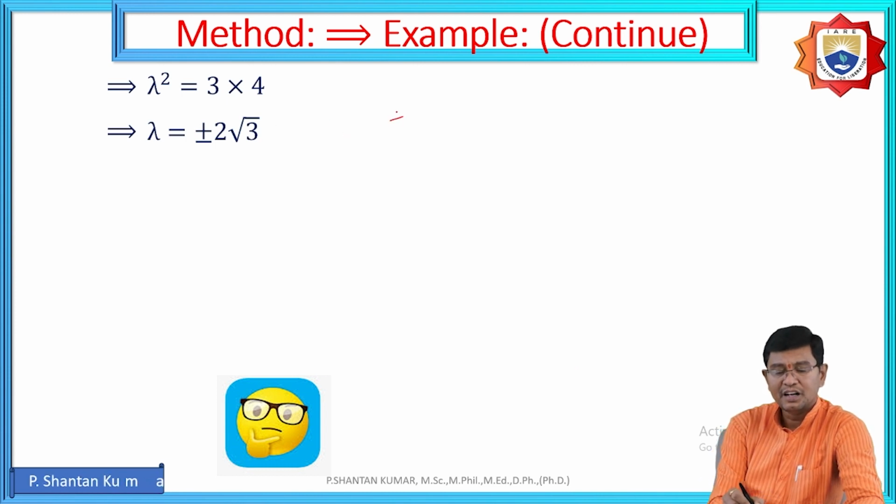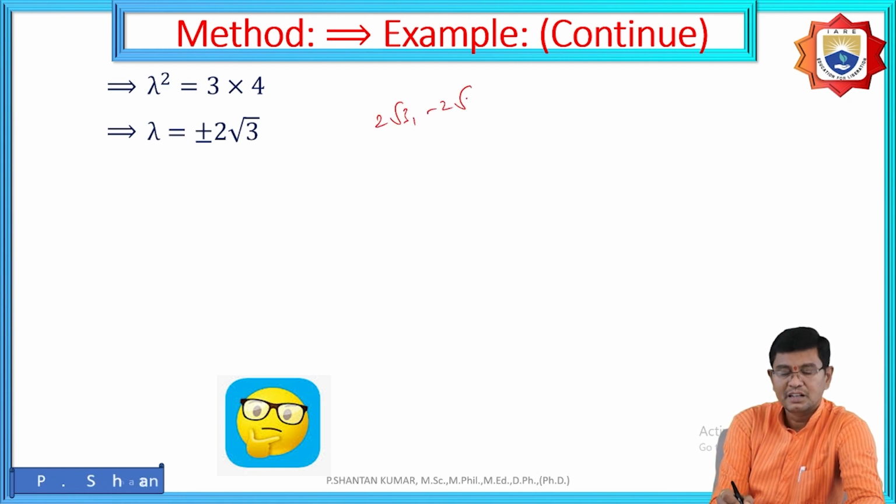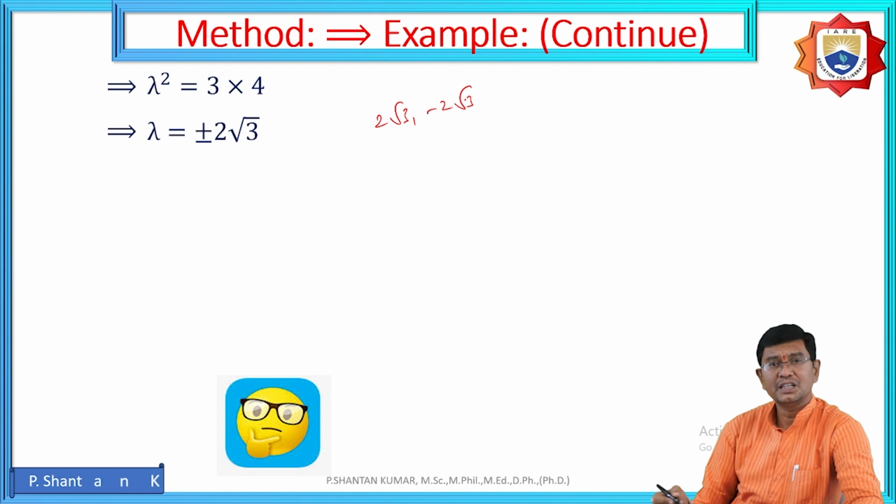The eigenvalues are 2 root 3 and minus 2 root 3. The problem is directly asking whether it is diagonalizable or not.